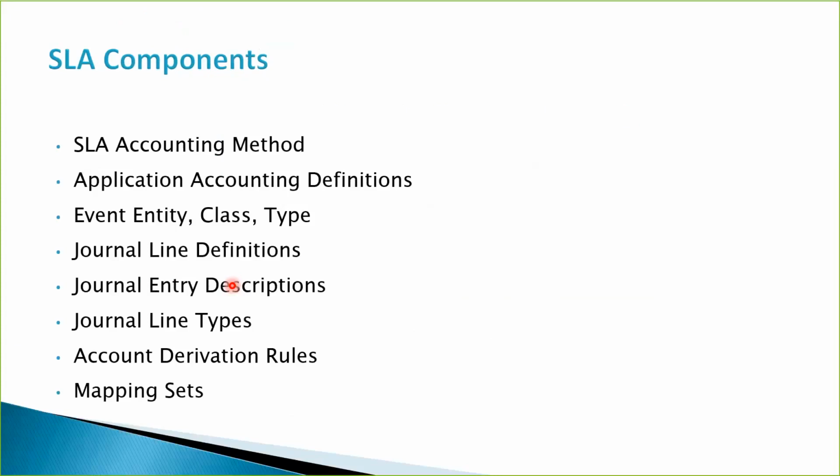Starting with the accounting method, we know that the SLA accounting method is what we attach to our ledger, and therefore it becomes our accounting convention. Examples of accounting methods, we have talked about accrual, we have also talked about cash. So basically, the accounting method defines what accounting convention you're using for your setup, okay?